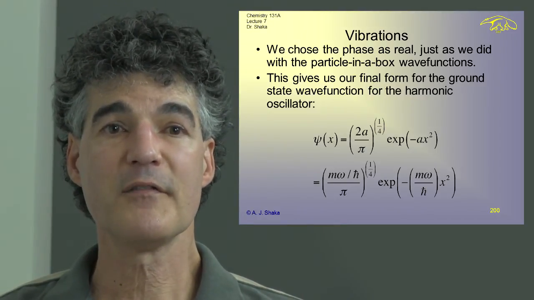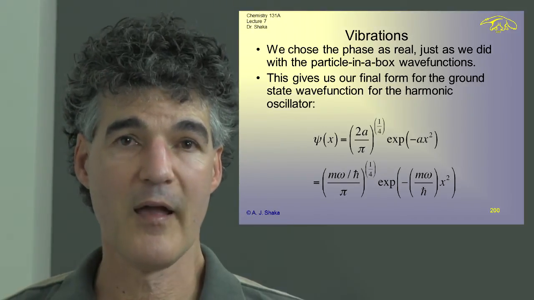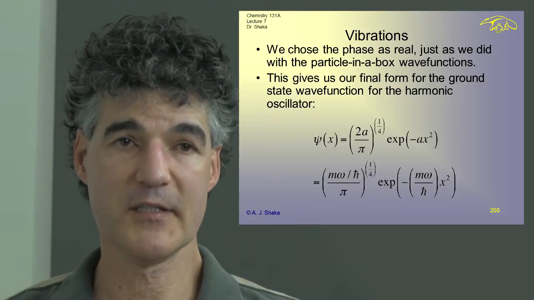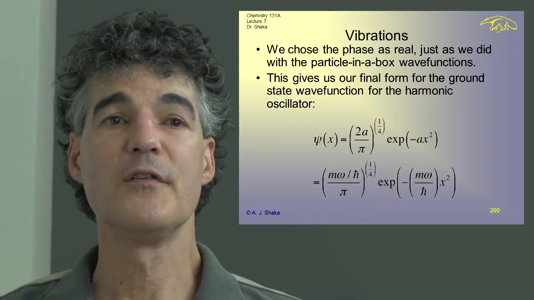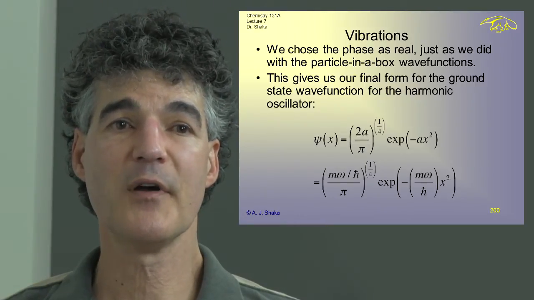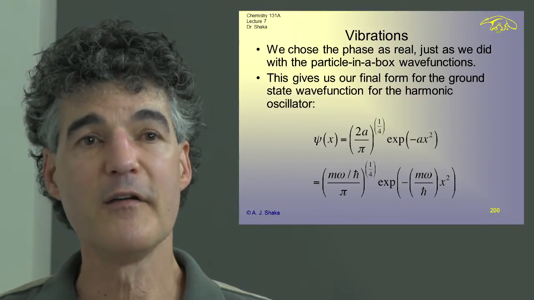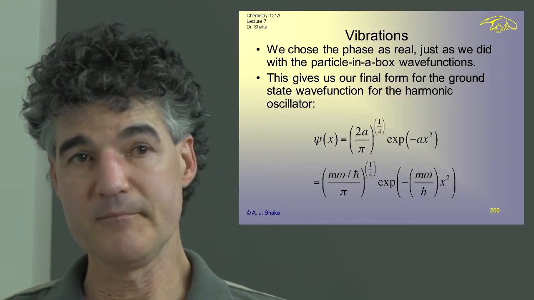This, therefore, gives us our very final form for the ground state of the harmonic oscillator. And that is 2a over pi to the 1/4 e to the minus ax squared, and then I can put in all the things with m and omega for a, and I get this very nice formula.